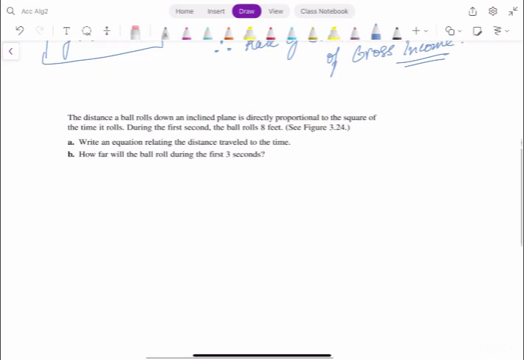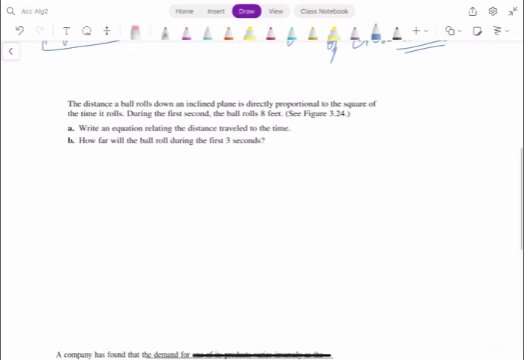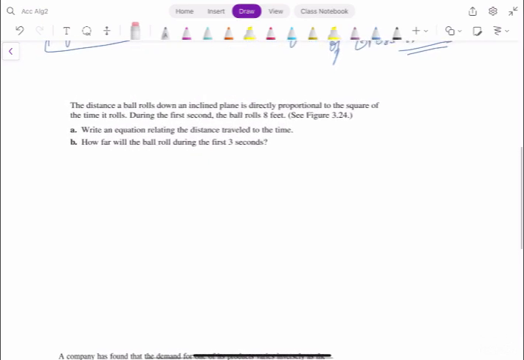With that, let's take one more example, another word problem. If you read the first sentence, it says it's directly proportional. That means y = kx. Now, what if x has a power or not? That is defined because it says directly proportional to the square of the time. That means x is squared.